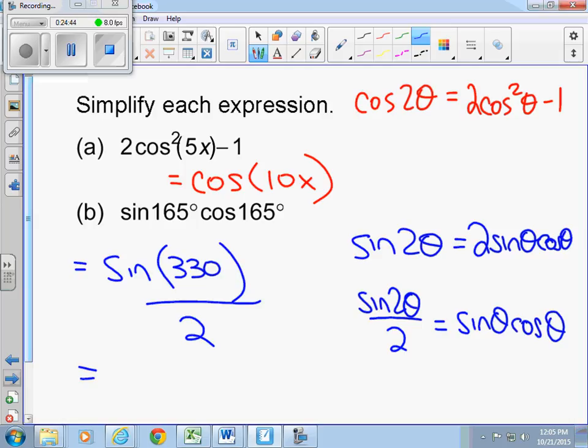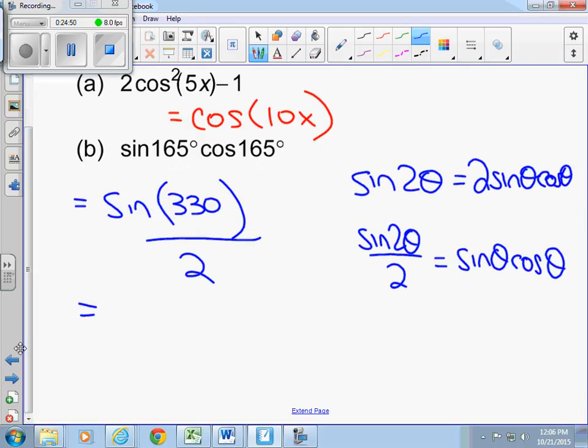It is a number. Negative 1/2. Does everyone know where they got that from? 330 is a 30-degree angle in quadrant 4. So you draw a 30-degree reference angle in quadrant 4. So all of that is just negative 1/4. It's that simple.